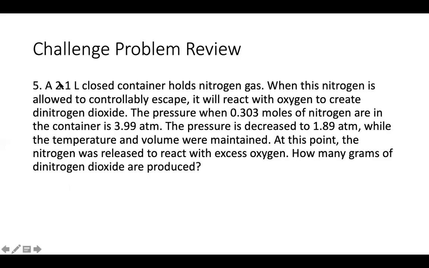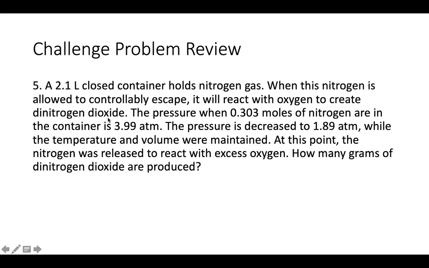They tell us our volume of nitrogen gas is 2.1 liters. Our pressure is 3.99, our moles of nitrogen, right? They're giving all of this information just about nitrogen gas, okay? And then if we come to the second question, the prompt, it says when this nitrogen is allowed to controllably escape, right, which means it is released, it will react with oxygen to create dinitrogen dioxide, right?